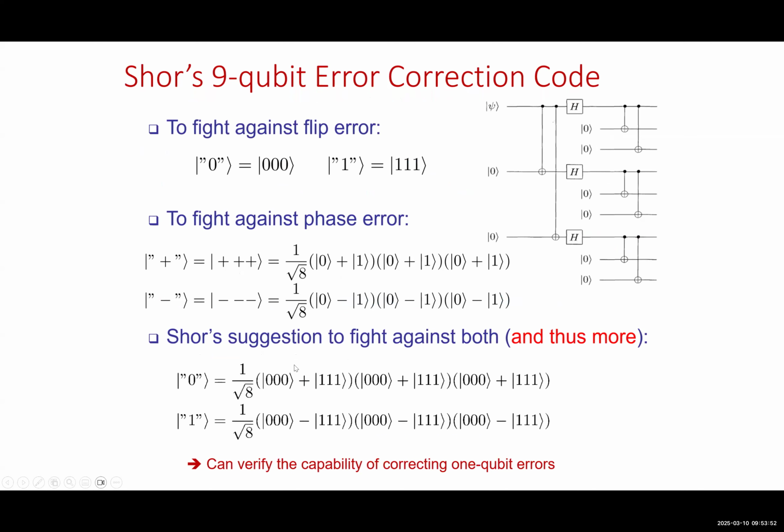So XXX is somehow a logical encoding of X because it flips the 0, 3, 0 plus 3, 1 to each other, and therefore if you have a minus sign here, it would generate a minus sign. So then you measure that phase difference, and this allows you to identify which group has the Z error, and then you can apply the Z correction to any of the three qubits of the identified group.